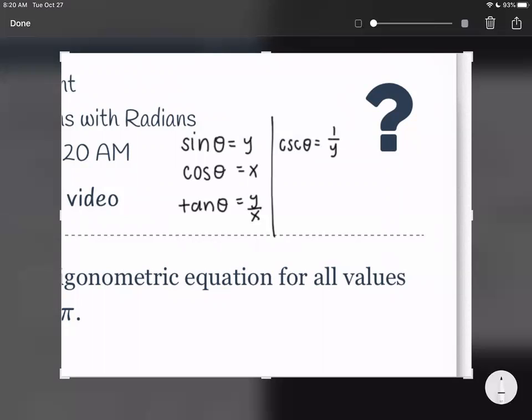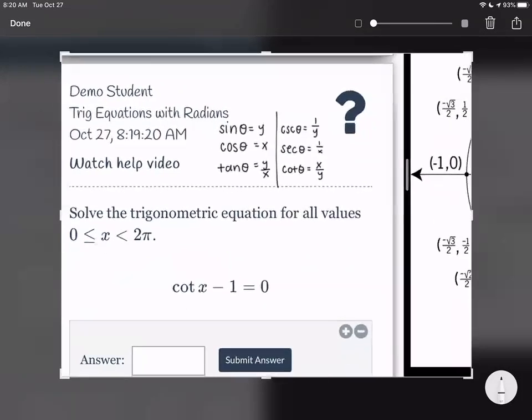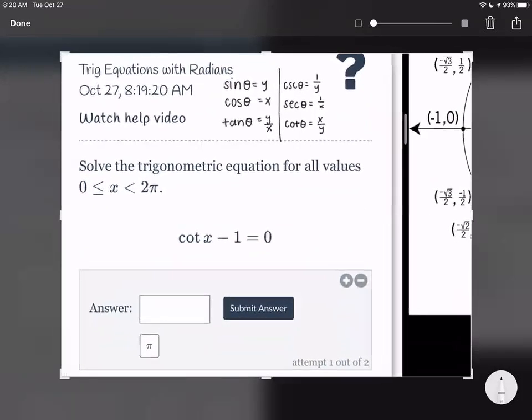Reciprocal of cosine is secant, so that's going to be 1 over x. And then reciprocal of tangent is cotangent, so that would be x over y. So here's just a little refresher for what you're looking for in the unit circle when we get there. But yeah, I'll leave that right there so you can still copy it just in case you don't remember it.